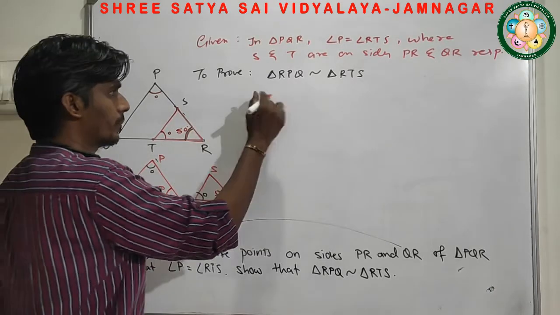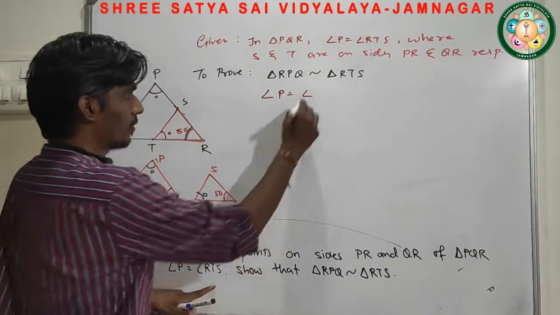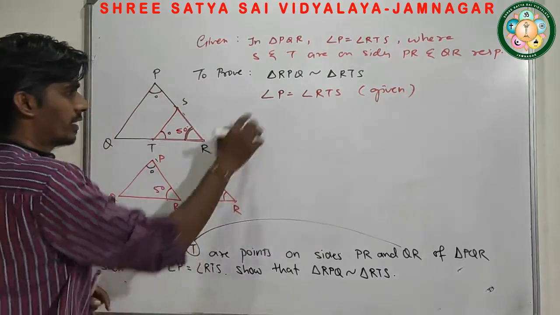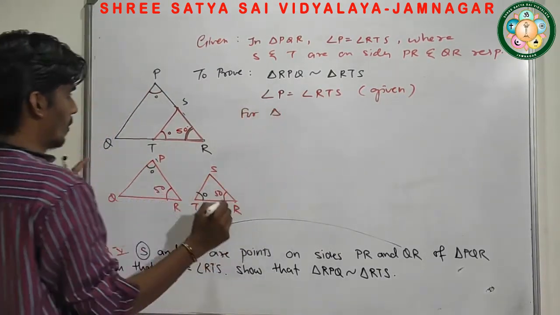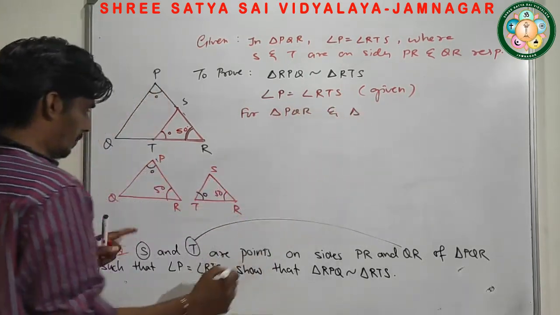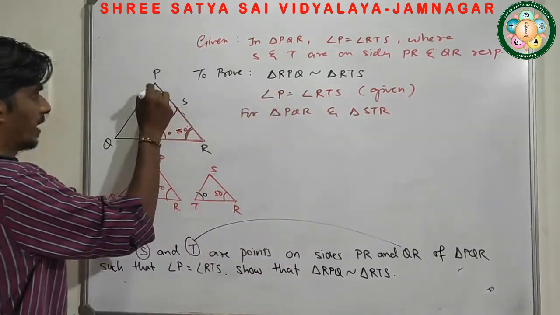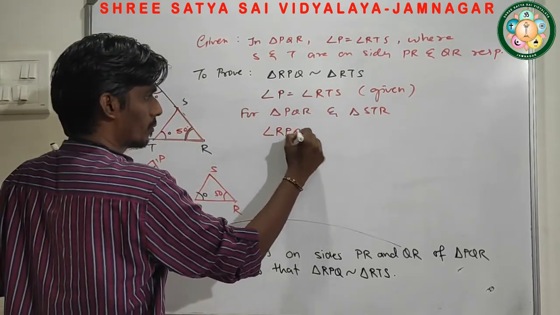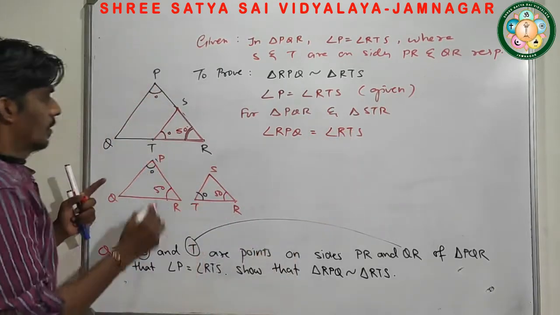So let's write down this thing. Angle P is equal to angle RTS. Reason: given. So instead of angle P, I can write for triangle PQR and triangle STR. First of all, instead of angle P, I can write RPQ is equal to angle RTS.